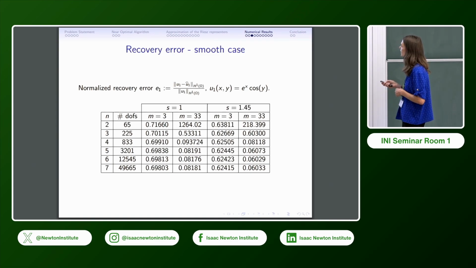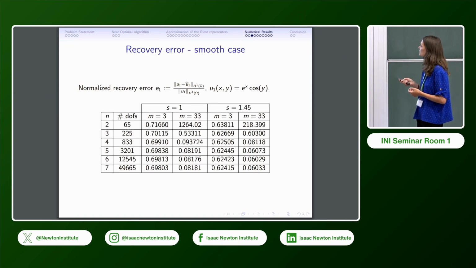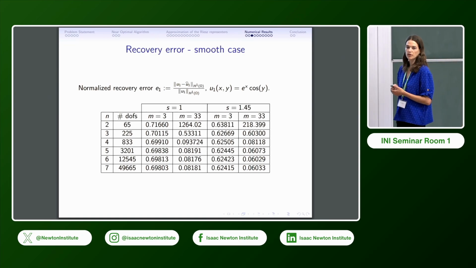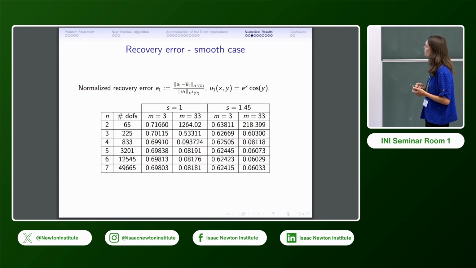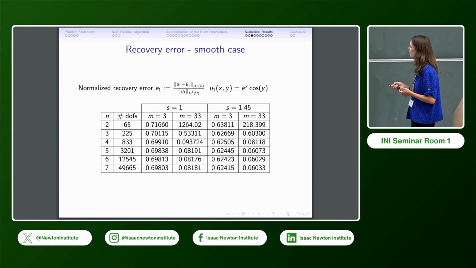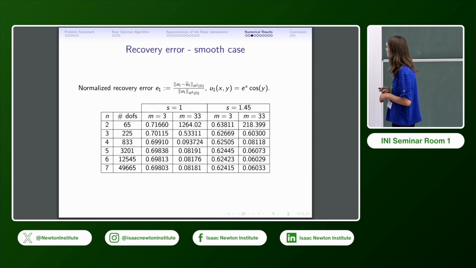This is what we have when we have only 3 measurements. That's the error we get. And if we go to 33, then we get some decrease of the error. What you see on top here is because the Gram matrix is not well conditioned, and so we have this type of behavior. But as you decrease the mesh, you tend to some fixed value, and this fixed value decreases when you augment the number of measurements.